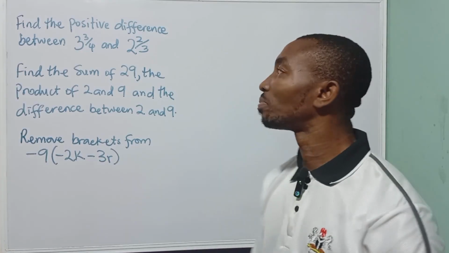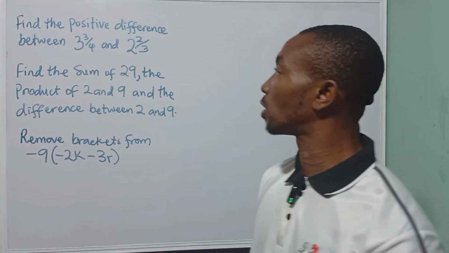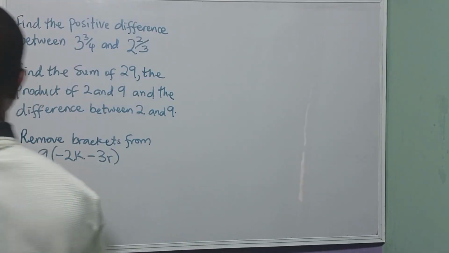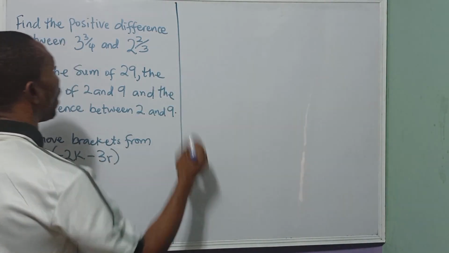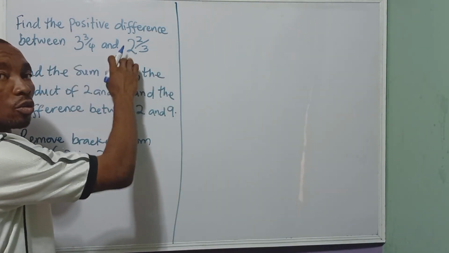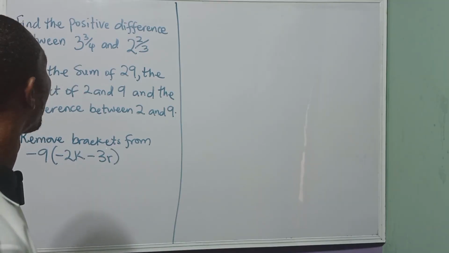Alright, welcome back. Our next set of questions says, find the positive difference between 3 whole number 3 over 4 and 2 whole number 2 over 3. Alright, in solving for this, we'll first of all change this to improper fractions.